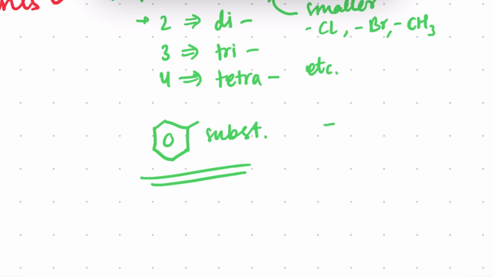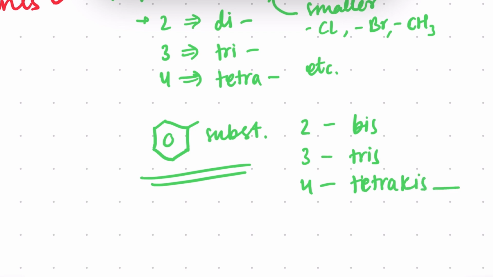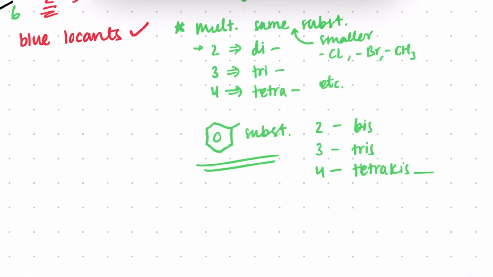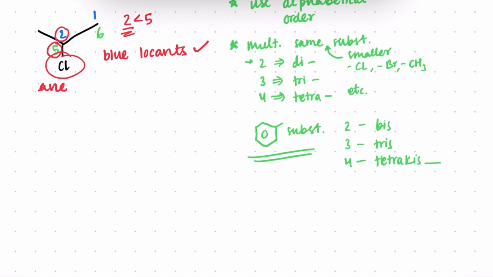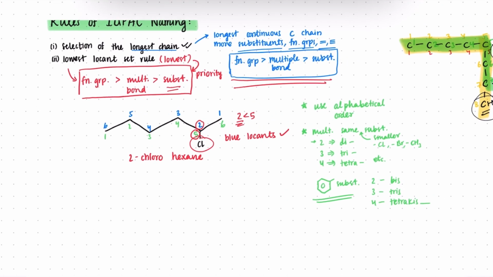So this would be bis for 2. 3 would be tris. 4 tetrakis, and so on. These could be available to you on the internet. Usually, you won't really have to go more than 4. But yeah, these are some things that I want to mention to you because they also come in handy when you're doing IUPAC naming.